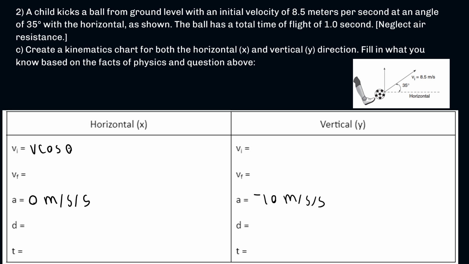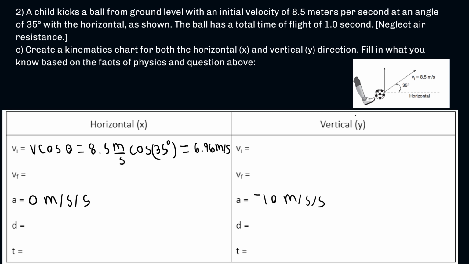Then we plug in this velocity: 8.5 meters per second times cosine of the angle I was given, which is 35 degrees. Plugging this into my calculator, 8.5 cosine 35 is 6.96, and that is meters per second for my units for velocity.